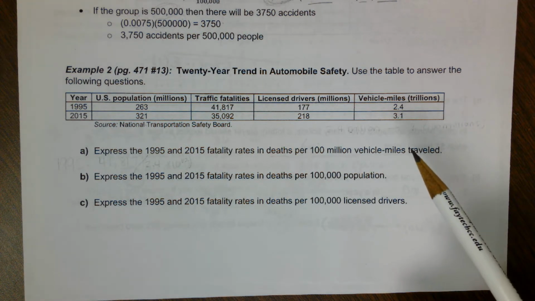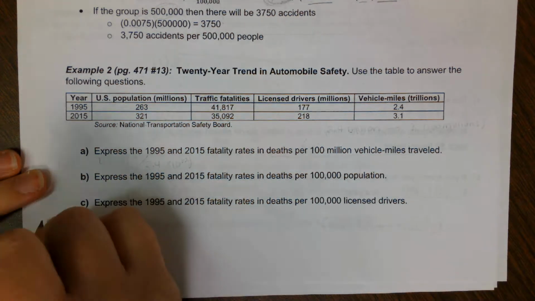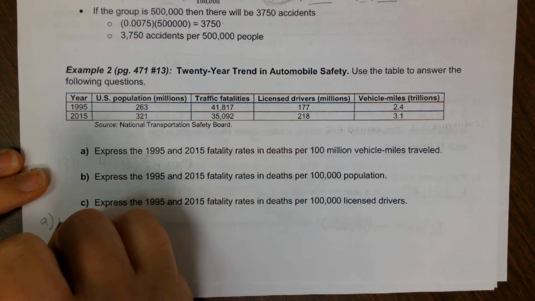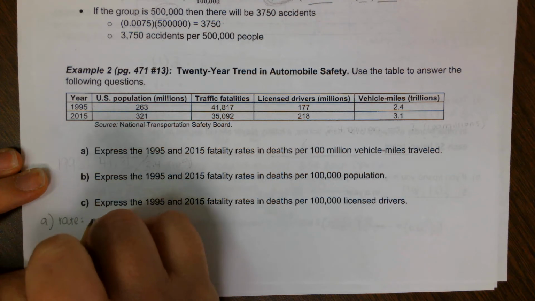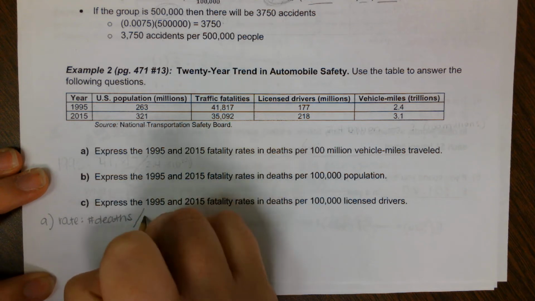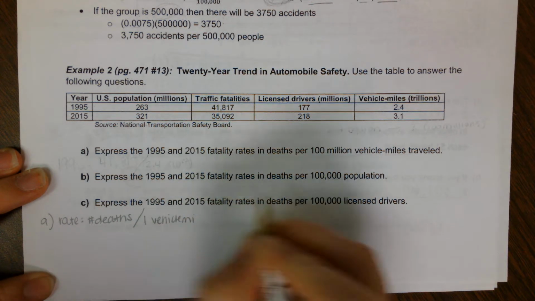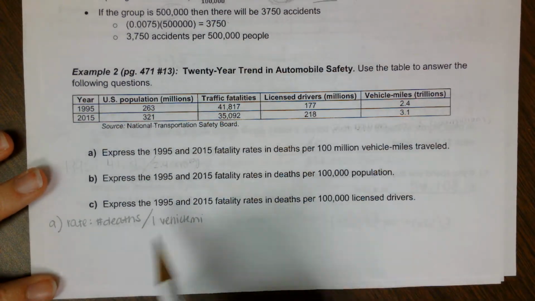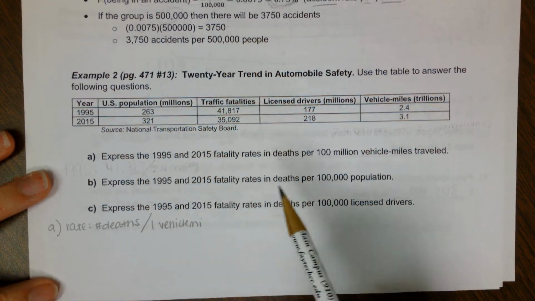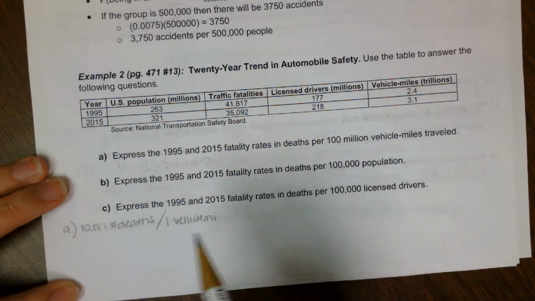First I'm going to figure out the rate of deaths per mile, the number of deaths per 1 vehicle mile. If I can figure it out for 1, then I can use the same principle we used here to figure it out per 100 million.